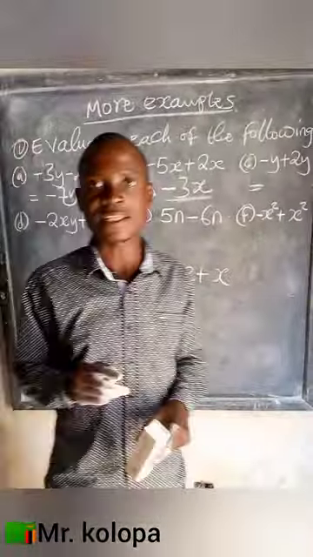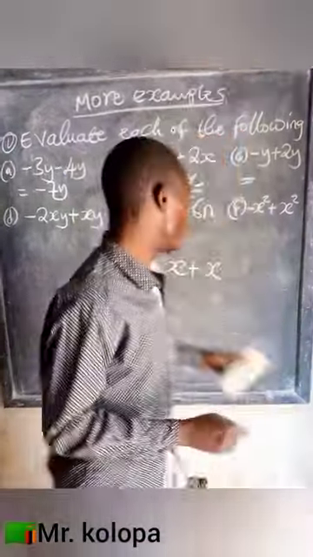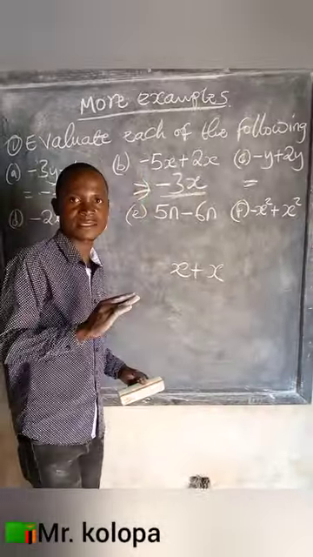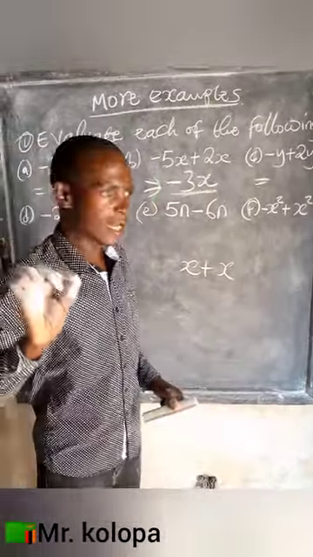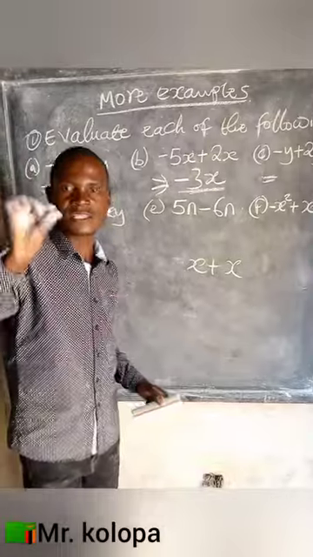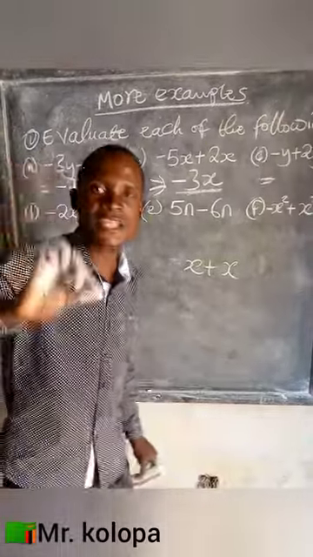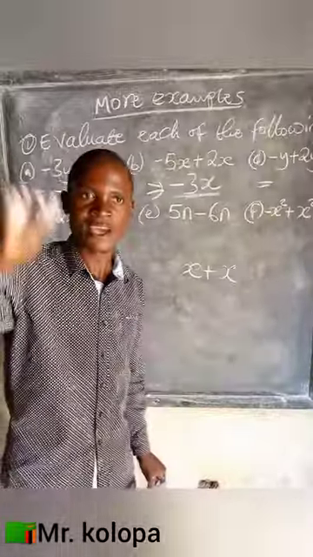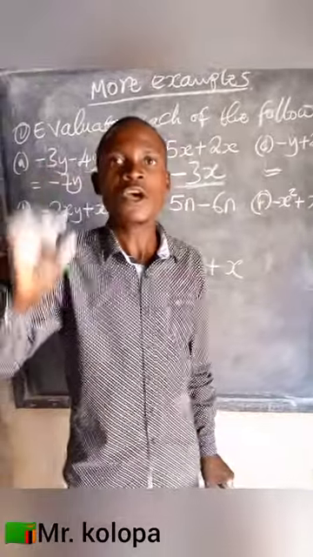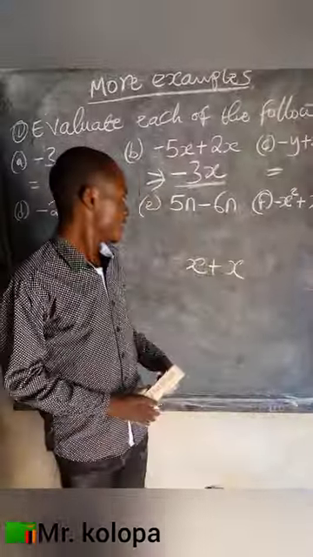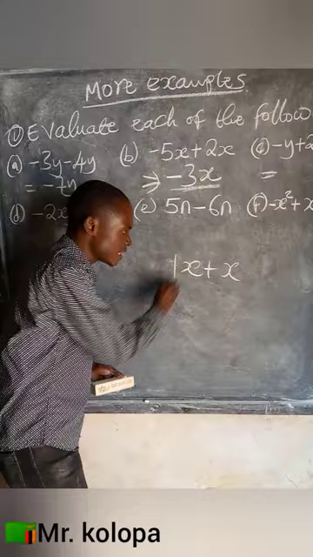Listen now. If I say x plus x, how am I going to answer this one? No numbers. When a letter has no number, just know that there is a 1 in front. A 1 is always invisible. You won't see a question where they write a 1.